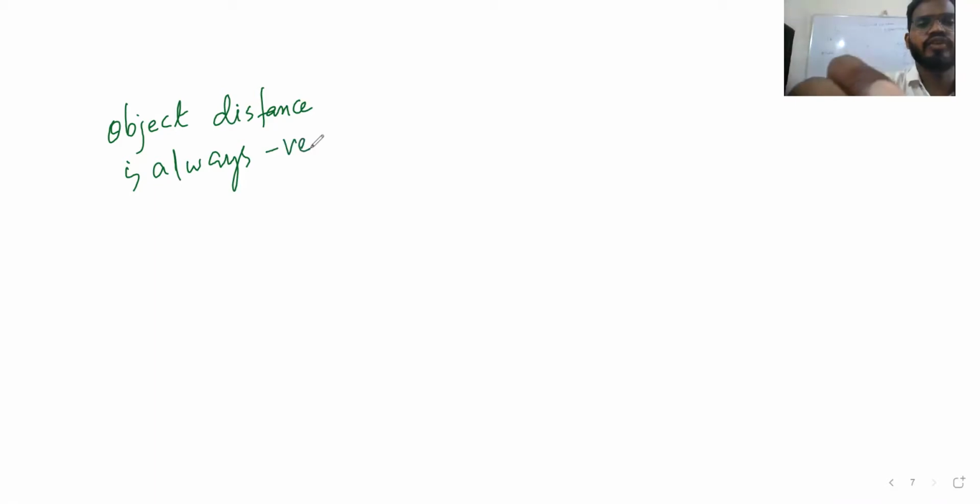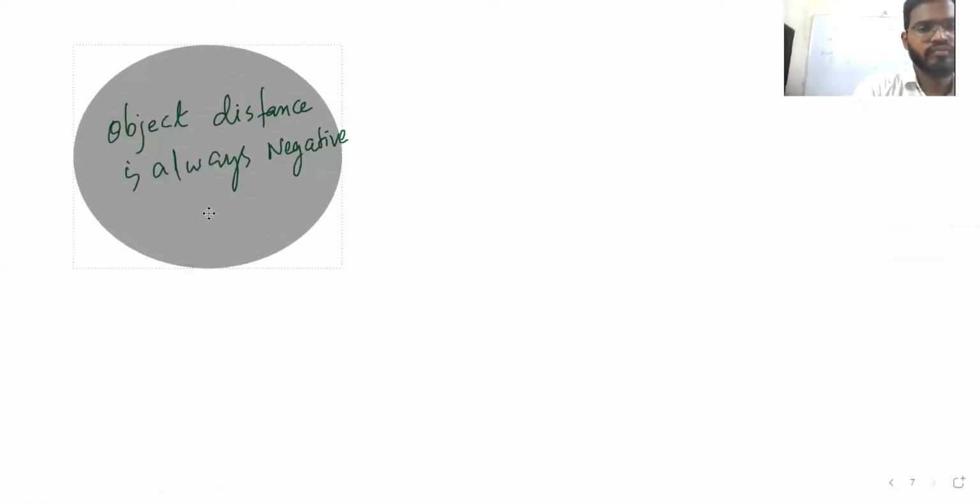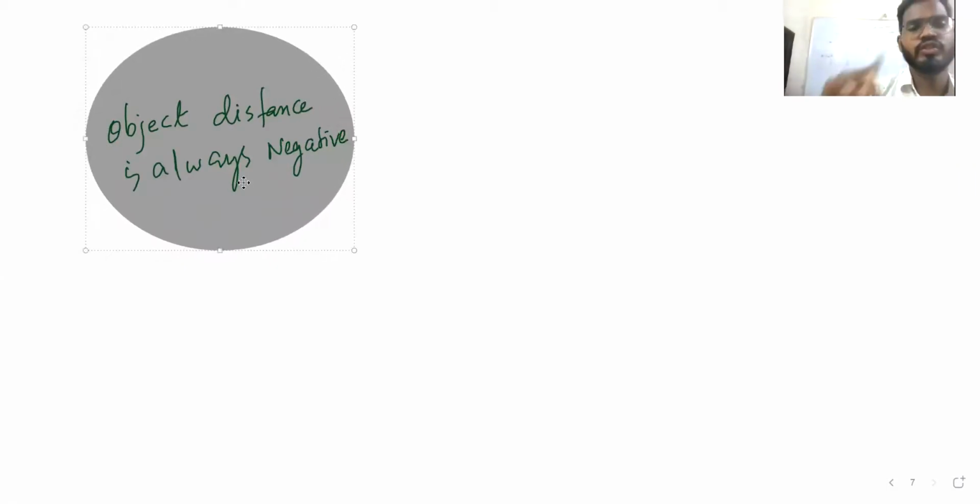And one more point, let's write here: object distance is always negative. So this point we should know.